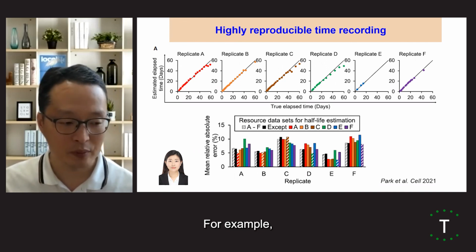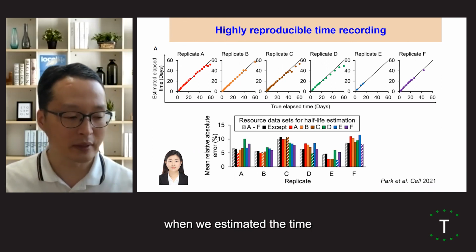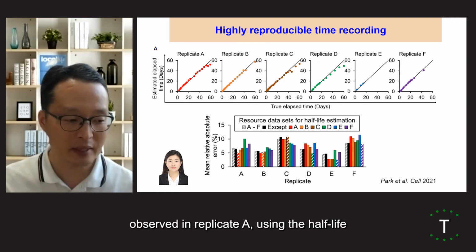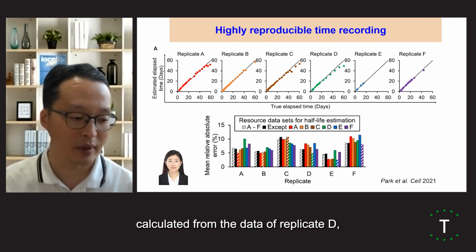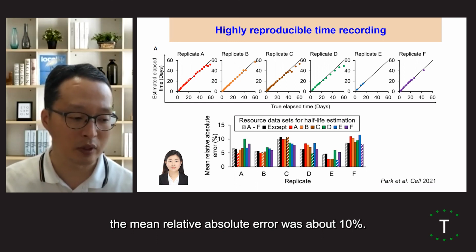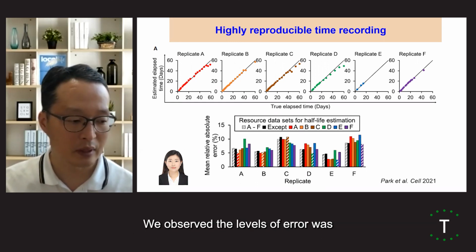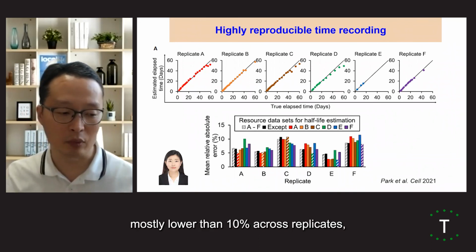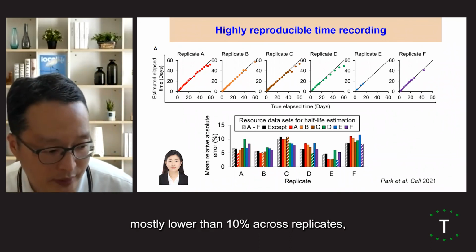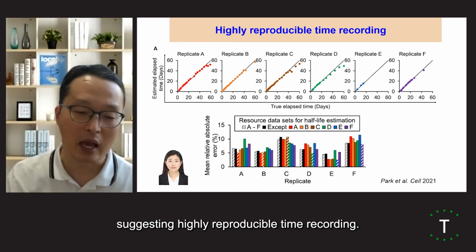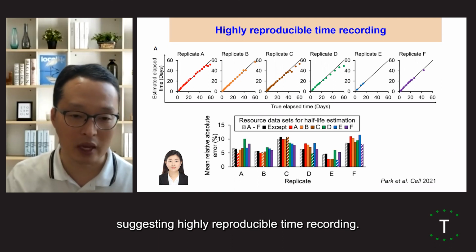For example, when we estimated time using indel frequency observed in replicate A, using the half-life calculated from the data of replicate D, the mean relative absolute error was about 10%. We observed the levels of error were mostly lower than 10% across replicates, suggesting highly reproducible time recording.